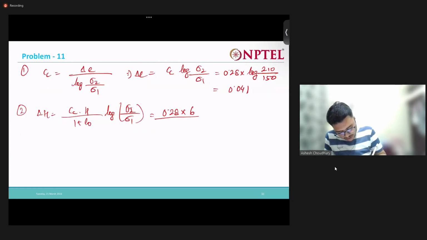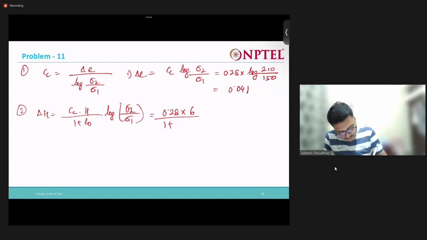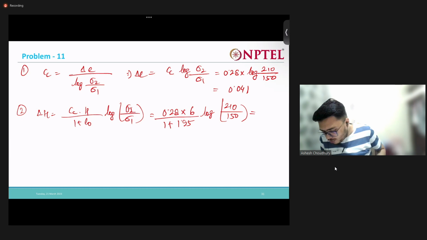Void ratio is also given to us, 1.95, and sigma 2 is 210. So find this out. How many millimeters is it coming?